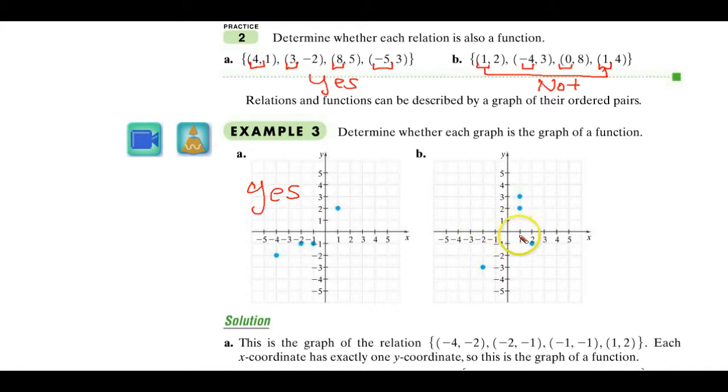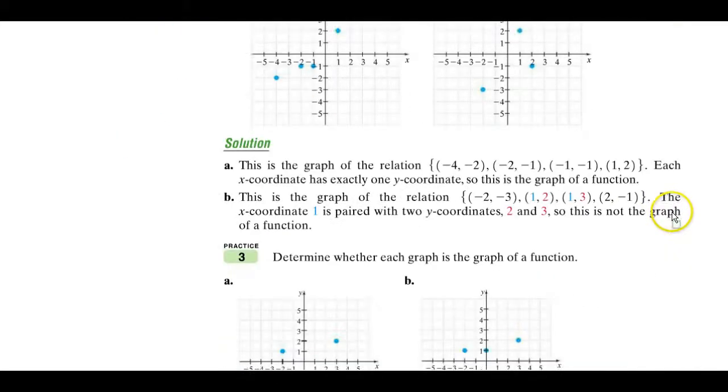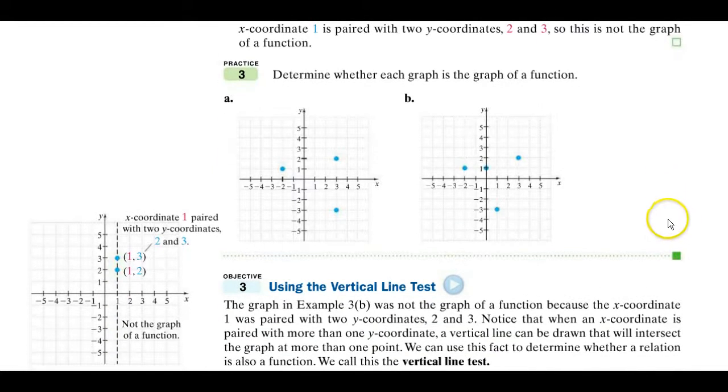But when we get to the 1 here, we see 1 is used twice. So this is not a function. And again, you can read your textbook. I'm just going over it with you. And looking at this one, 3 is used twice, so no. Yes.